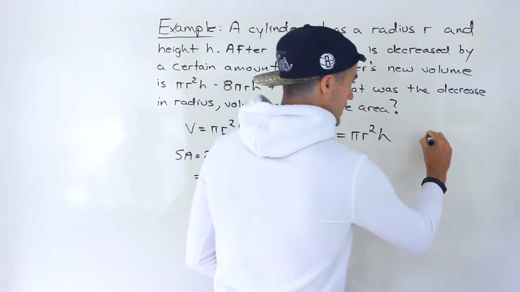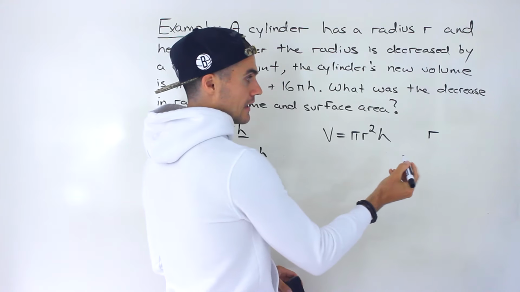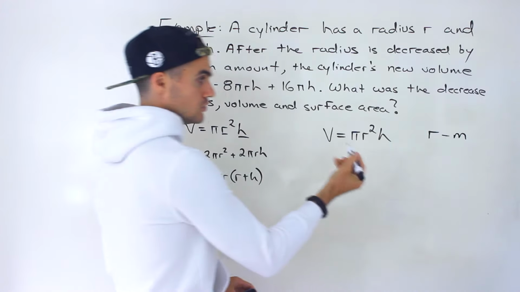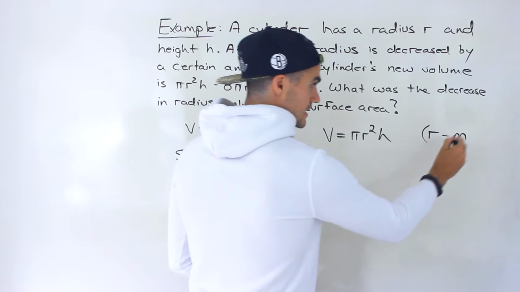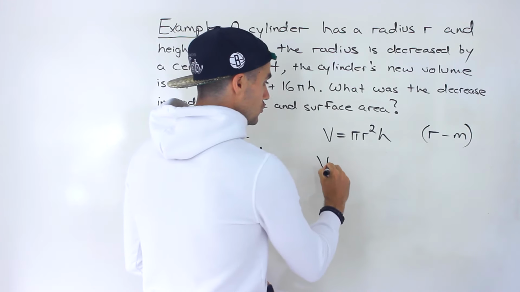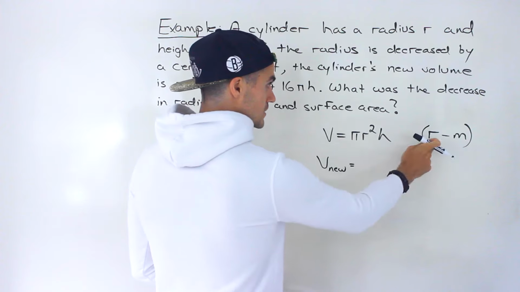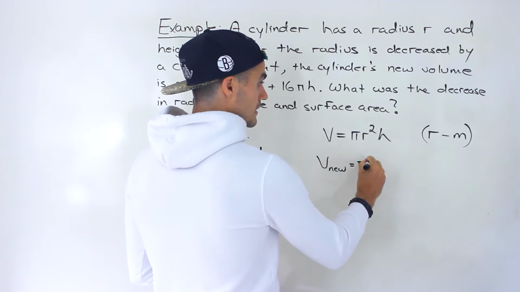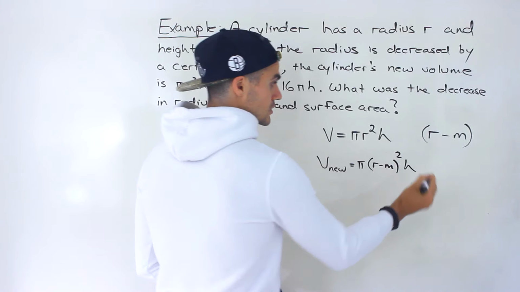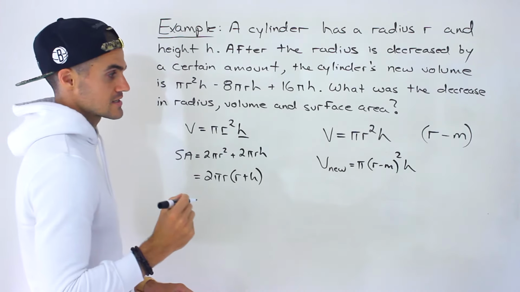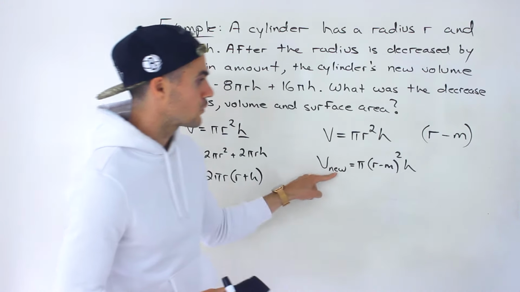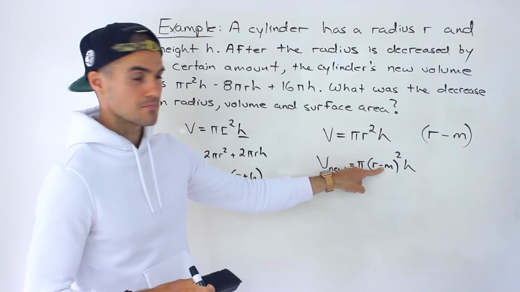So if we have a radius r right now, and then we decrease the radius by a certain amount, let's say we decrease it by m units, then this here is going to be the new radius. And so the new volume, if we decrease the radius by this amount, would be pi, that new radius squared, h. The height doesn't change, so the h stays there. Okay, so the new volume would be in this kind of format if we decrease the radius by a certain amount.